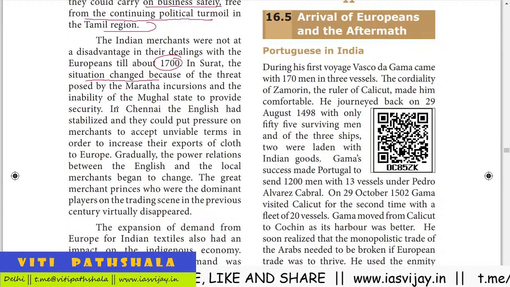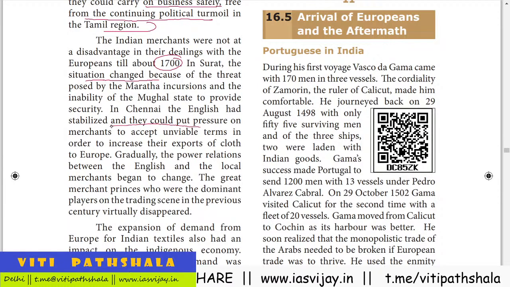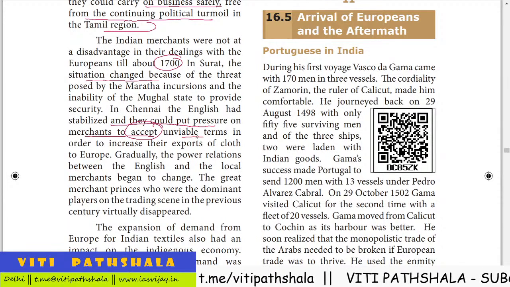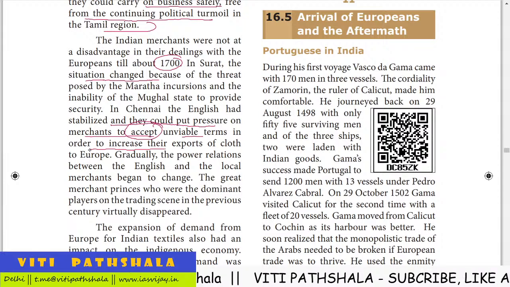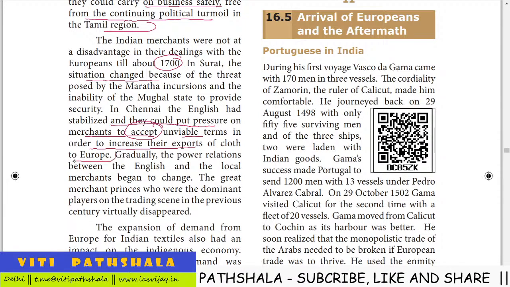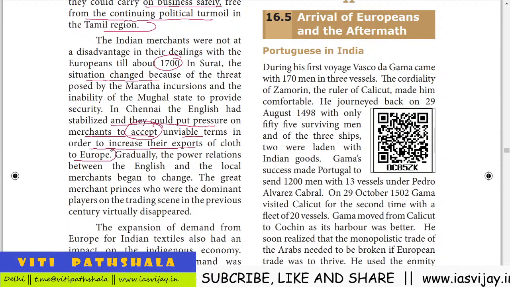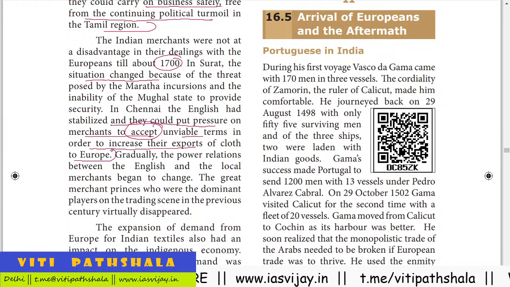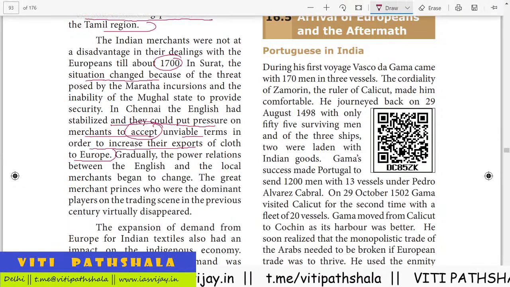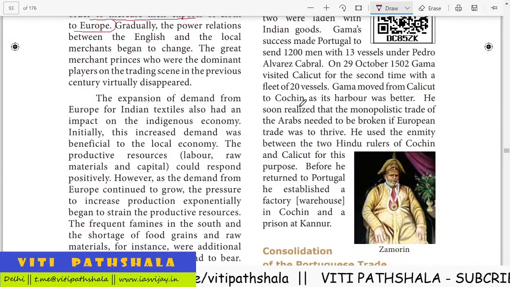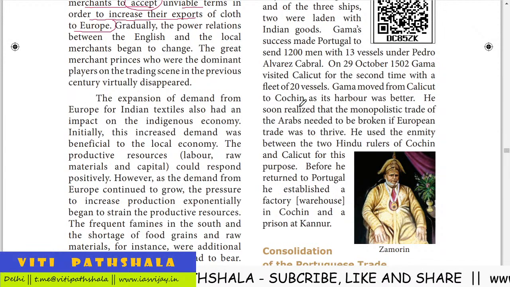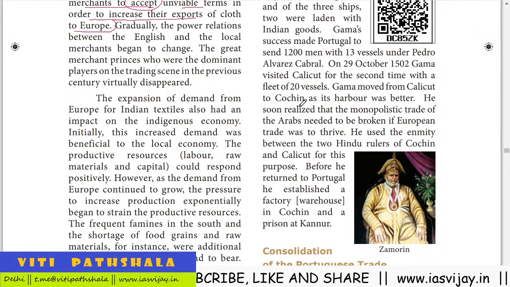In Chennai, the English had stabilized and they could put pressure on the merchants to accept unviable terms in order to increase their exports of cloth to Europe. Gradually, the power relation between the English and the local merchants began to change. The great merchant princes who were dominant players on the trading scene in the previous century will disappear.